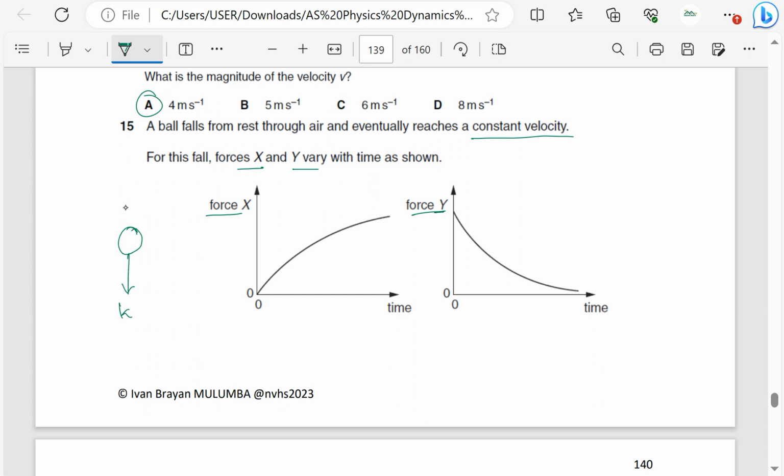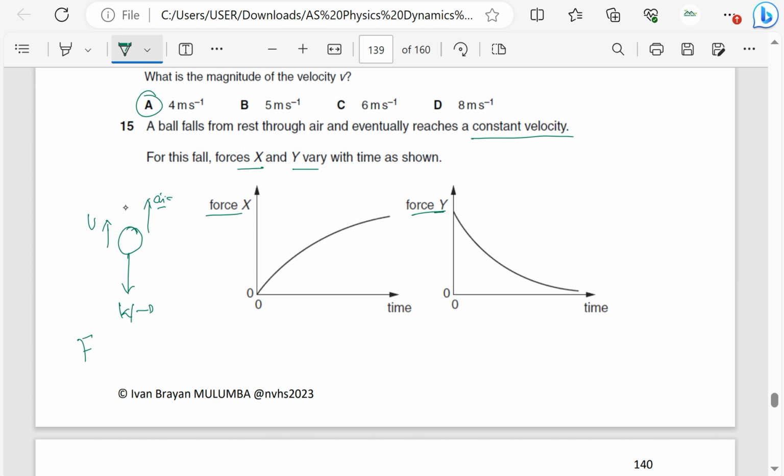The weight remains constant, and the other forces acting are going to be the drag force or the air resistance, and the other force could be the upthrust. So the weight remains constant. The force due to air resistance increases with time.